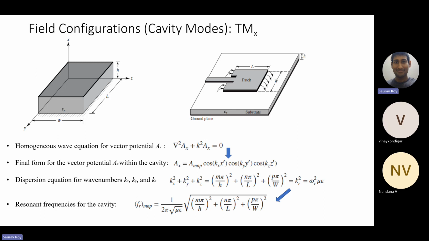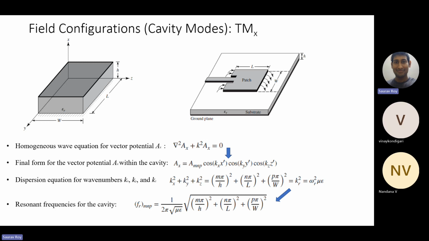Based on this, m, n and p are integer numbers, from 0, 1 to anything. Based on those values, you can now calculate the frequency. So fr for m, n and p is calculated from that third equation. You get this kind of variation. This is the equation for any resonant cavity, and a similar equation is there for waveguide.